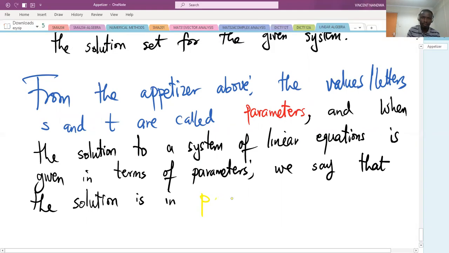Parametric form. The solution is in parametric form.